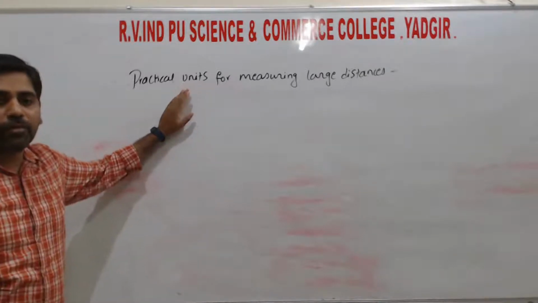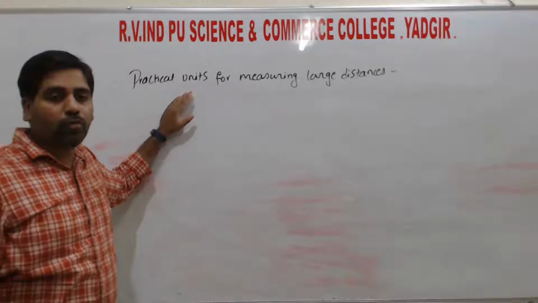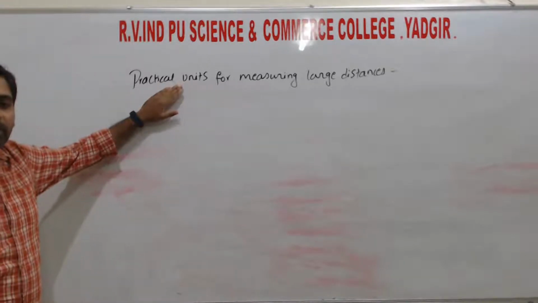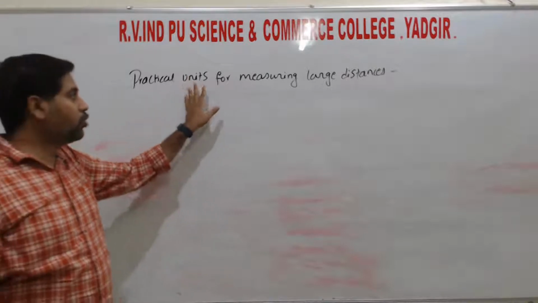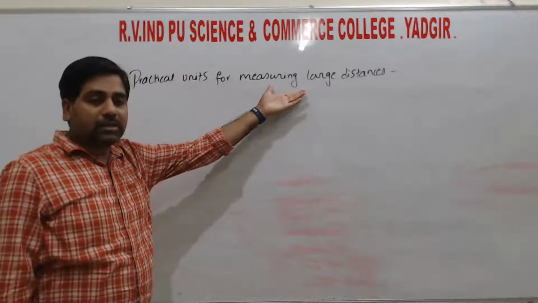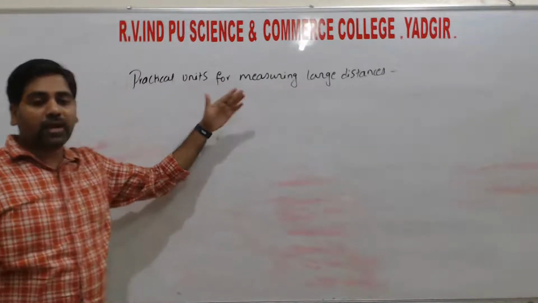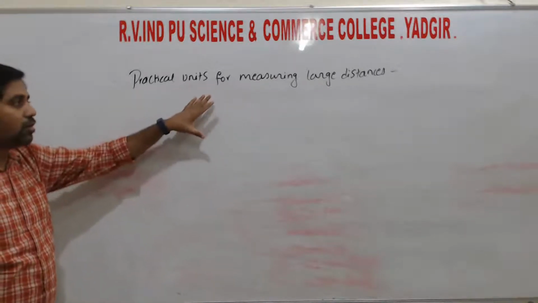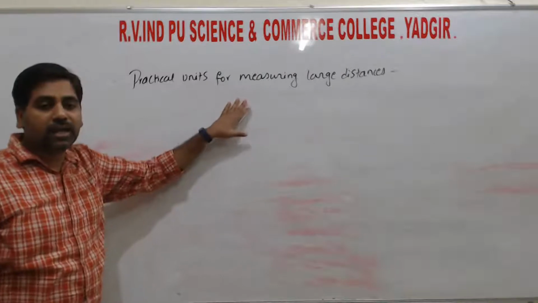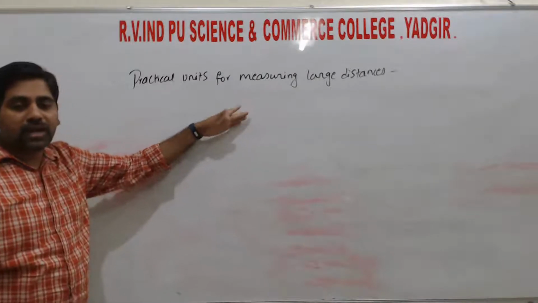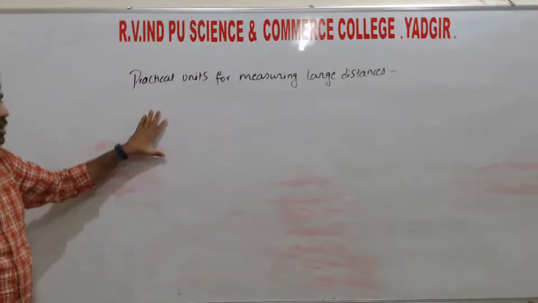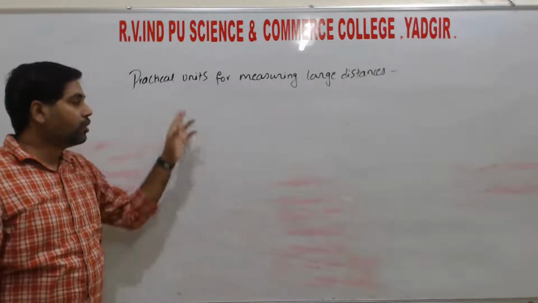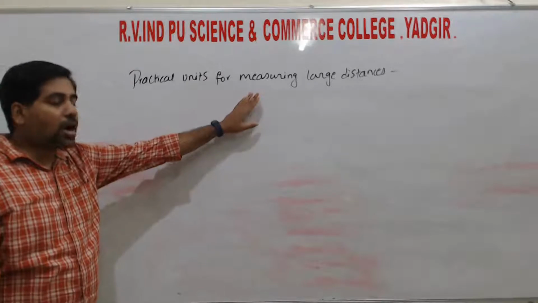If we want to measure the distance from Earth to Moon, then we need a practical method. The same goes for the distance from Sun to Moon, Sun to Earth, and Sun to other planets. Those can't be measured using measuring instruments like a scale or tape, right? So by using practical methods, we find the units for those large distances.